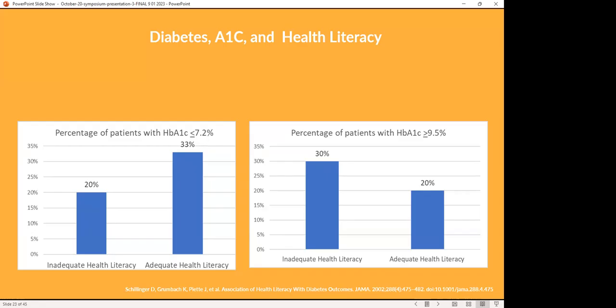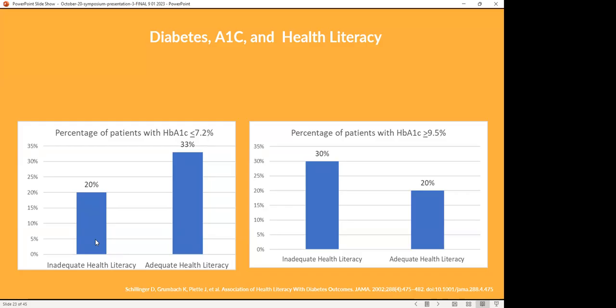So that is pretty scary. So let's take a look at individuals' diabetes, A1C, and health literacy. What I wanted to show you from this particular study is A1C less than 7.2% and percentage of patients with A1C equal to or higher than 9.5%.